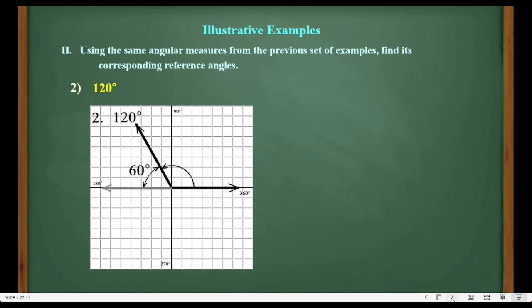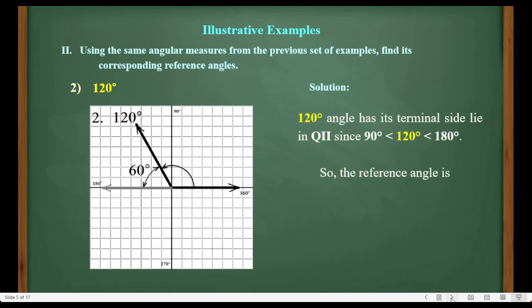So if that's the case, 120 degrees is in between 90 degrees and 180 degrees. And again, the range of measure within these two angular measures is found in quadrant 2.